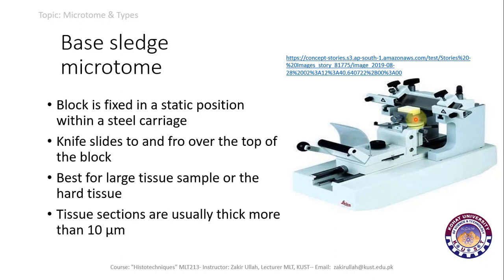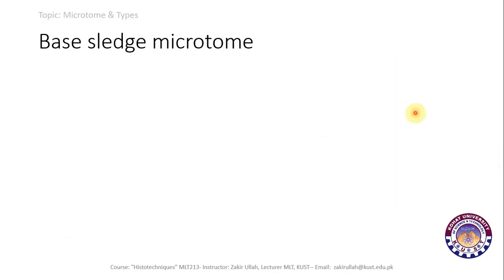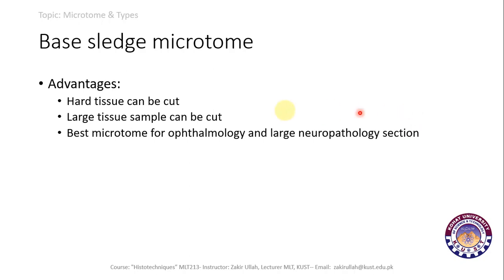This is the sample holder in which the sample is placed. It is in a fixed position here, and this is the area of the blade, which moves in a forward and backward direction to cut thin sections of the tissue. The advantages of the base sledge microtome include that it can be used for hard tissues and for larger tissue that can be cut.